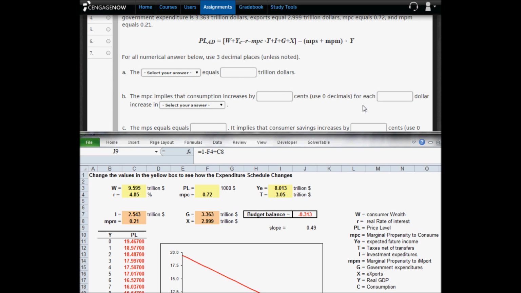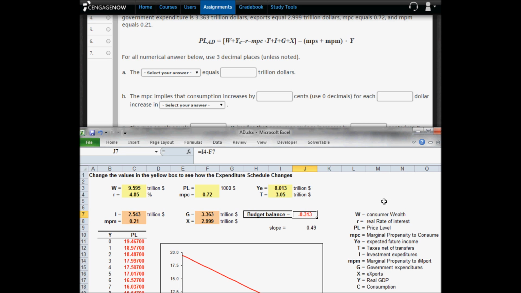Now we're going to go up here in part A and choose the correct answer. In part A we want to know if there's a budget deficit or budget surplus. The budget balance down here in the Excel spreadsheet is negative. Why is it negative?